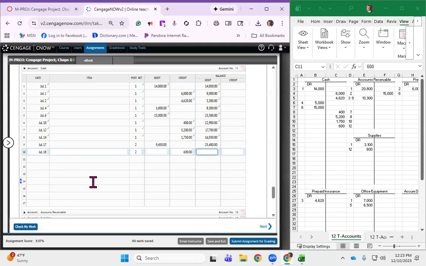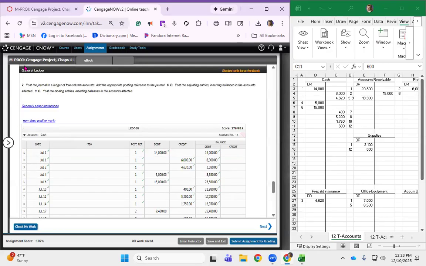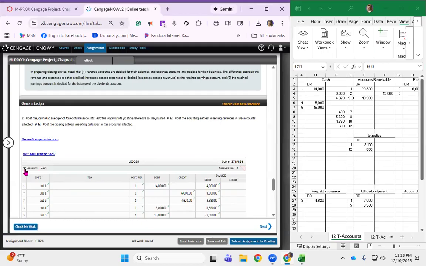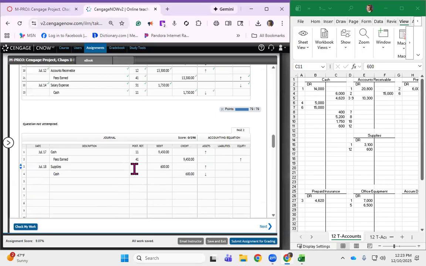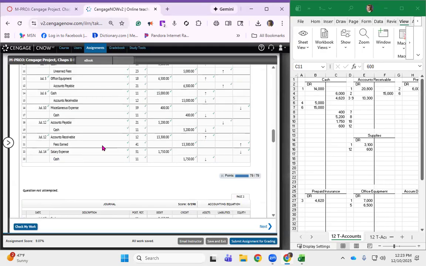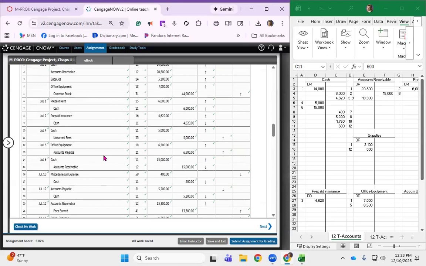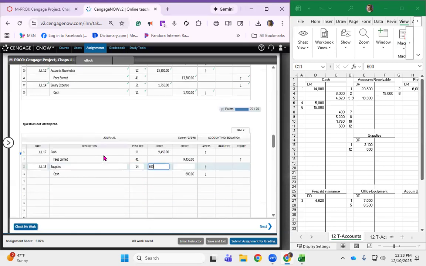So now I need a new running balance for cash. $24,880 is the new balance after that transaction. Okay, so now we want to close cash and go up and put their account numbers in. All right, so supplies is 14, cash is 11. Okay, so there's number 12.